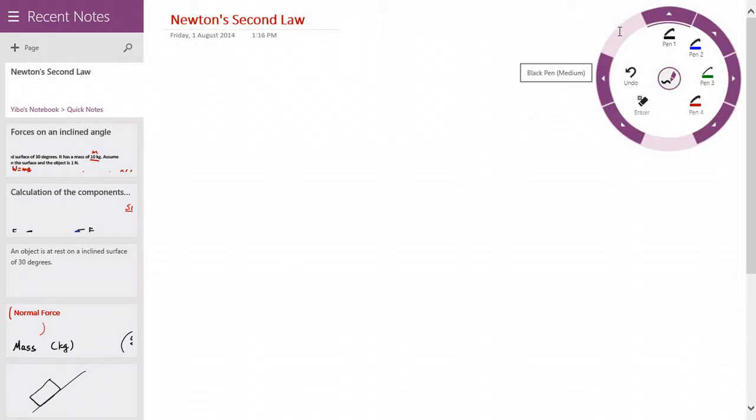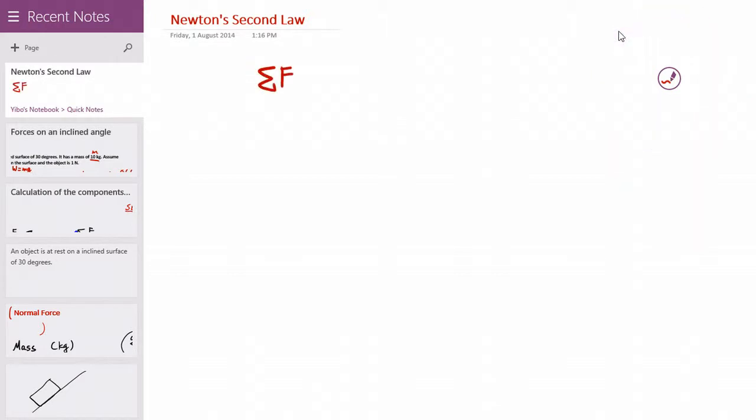So Newton told me in his second law that the net force is basically the sum of all forces, and it is equal to mass times acceleration.